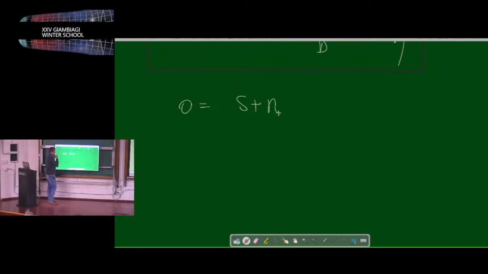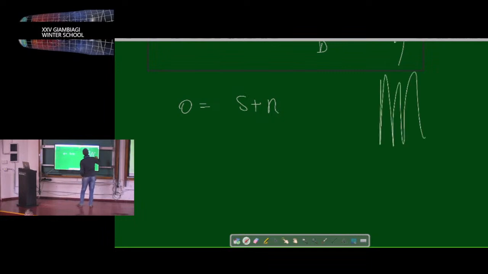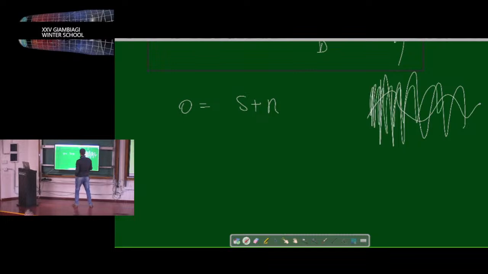As I sketched the other time, the noise will be something like this with components at all frequencies, and the signal will be something much nicer and well behaved, but much smaller. And actually, this is highly exaggerated, because the noise is a few orders of magnitude larger.